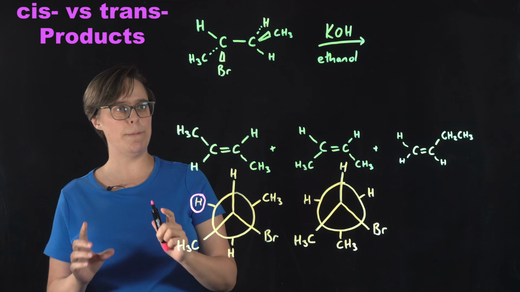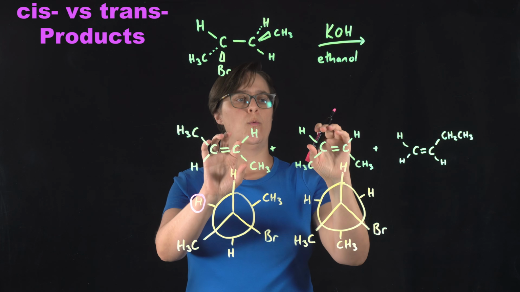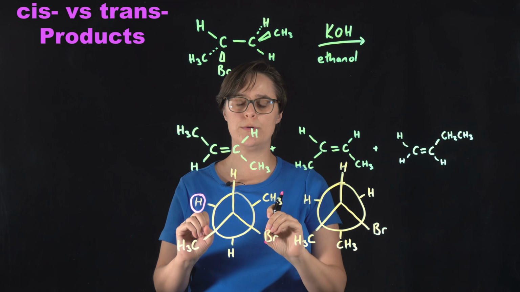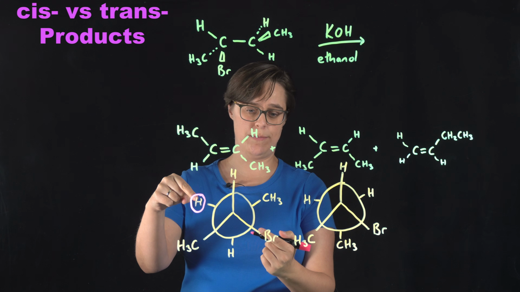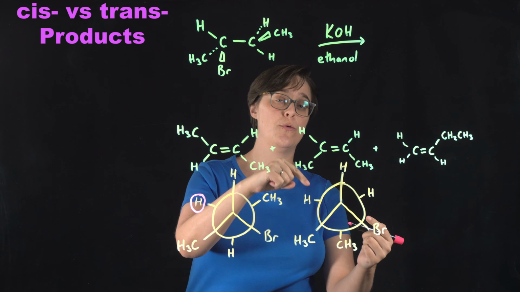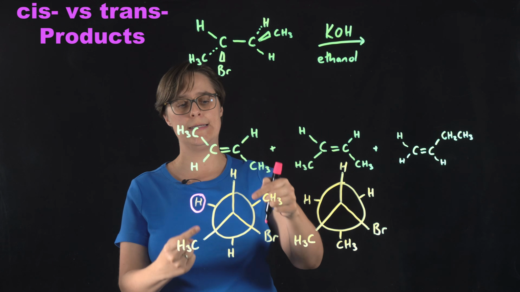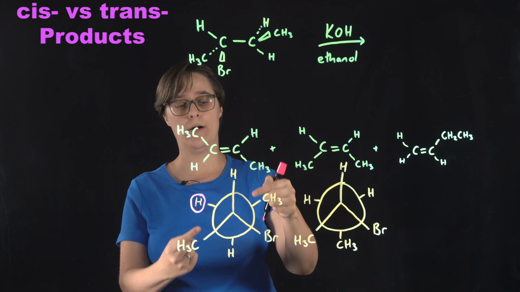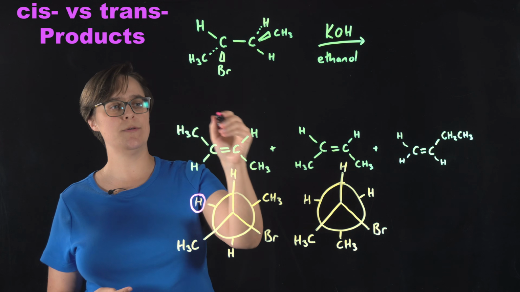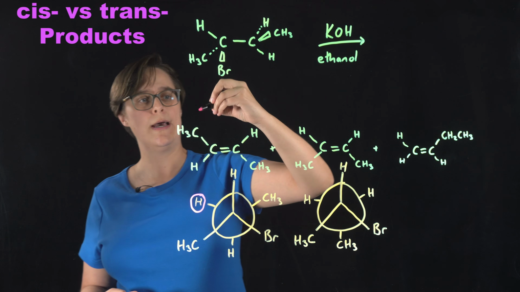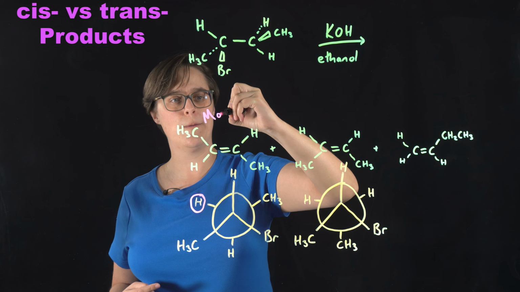And think about which of these isomers would result from this particular anti-periplanar hydrogen being used rather than this one. These methyl groups are anti-periplanar, 180 degrees apart. That is going to lead to this being our major product.